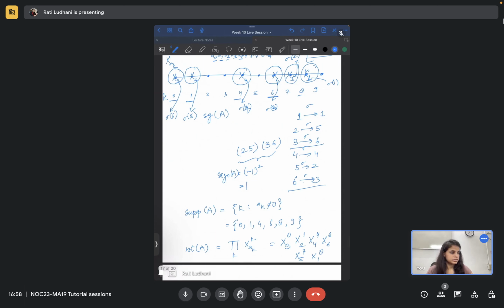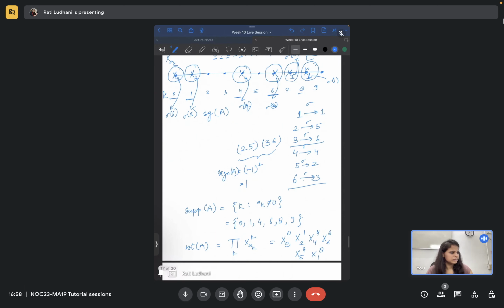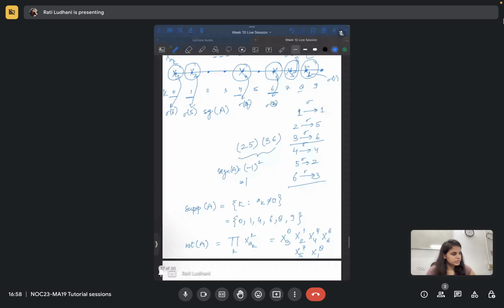Let me count the positions again: 1, 2, 3, 4, 5, 6, 7, 8, 9. So x4 is raised to 4, x2 is raised to 6, and this is 8, not 9.